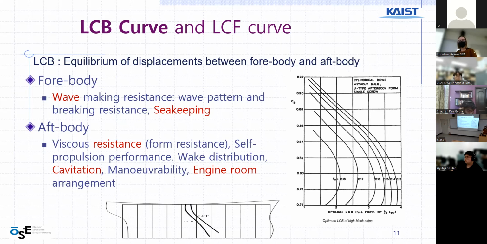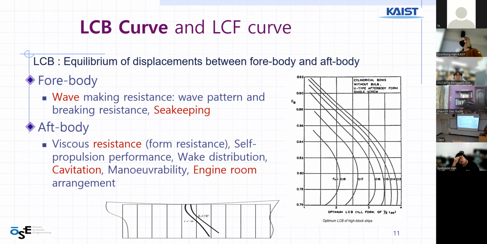Whereas the aft body will influence viscous resistance and self-propulsion performance, because the engine is at the back of the ship. Weight distribution is like how the wave is going to be behind you, the shape it is going to have once you've passed through it. Cavitation, maneuverability, and engine room arrangement.